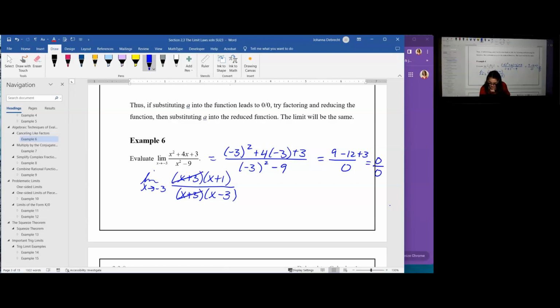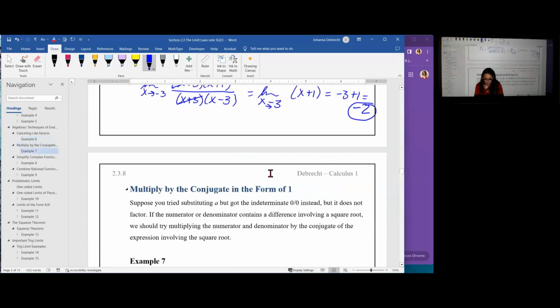I cancel these out, and then I evaluate the limit at the reduced function, which is going to give me -3 plus 1 or -2. And that will be the value of the limit. In other words, we definitely have a hole when x is equal to -3.